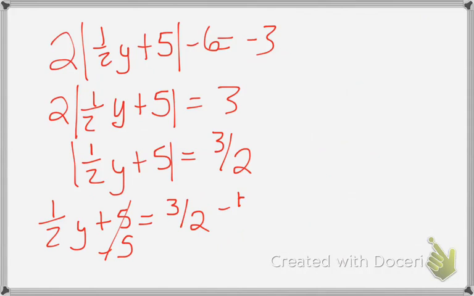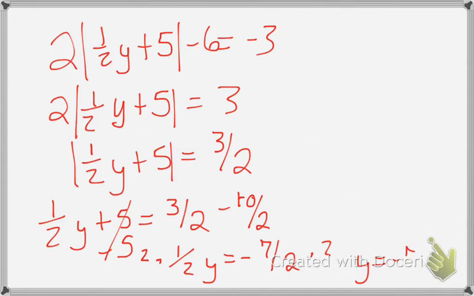So I get a common denominator. This would be 10 over 2. So 1/2 y is equal to negative 7 over 2. And then to cancel out a fraction, I'd multiply both sides by 2, where y is equal to negative 7. There's my first solution. Now when I come up with my second solution, I will need to work with a negative 3/2.